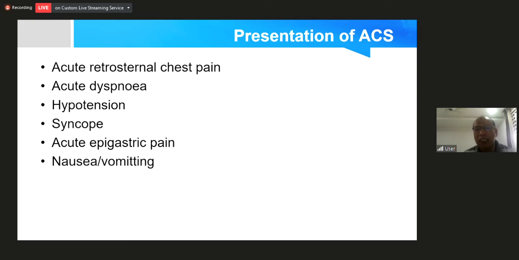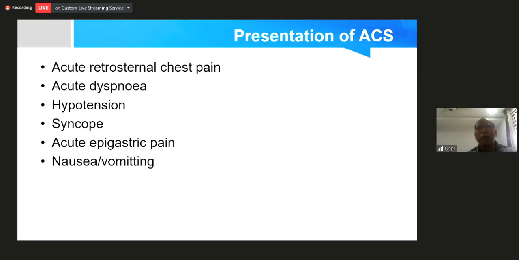Sometimes if the chest pain occurs in the epigastric area, it does not radiate to the hand, because the lesion normally occurs on the right side, of the right coronary artery. The left coronary artery normally presents with chest pain at the left sternum. Because of the blockage, sometimes the patient has acute shortness of breath, hypotension, syncope, and then nausea or vomiting.